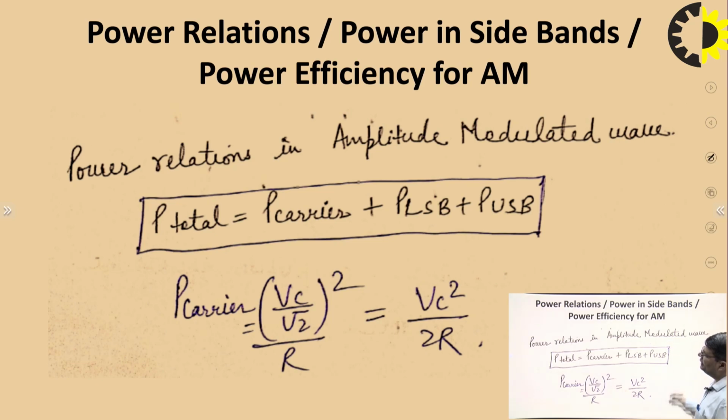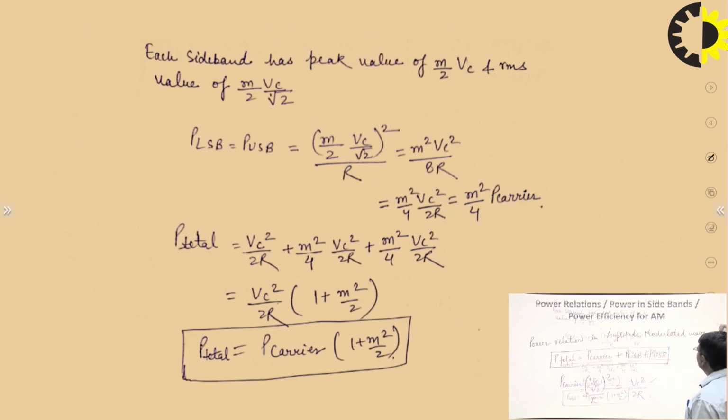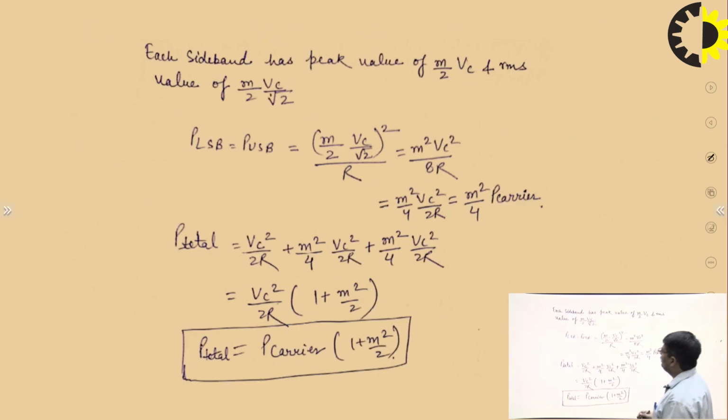These are the power relations in the case of AM. Total power in the AM will be given by the power of the carrier plus the power of the lower sideband and upper sideband. Carrier power is given by Vc square by 2R, and by calculating we can get the power corresponding to the upper and lower sidebands as shown here, and the total power as this one.